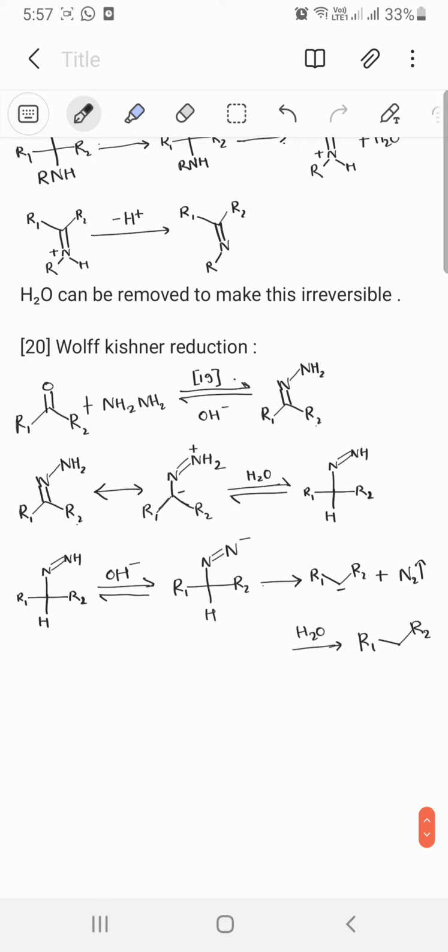Okay, Wolff-Kishner reduction. Yes, this is a popular one. So first of all, you will form a hydrazone, and then after that hydrazone is formed, you will just hydrolyze this thing. Correct. So hydrolyzing using basic medium in this case. Looks about right.